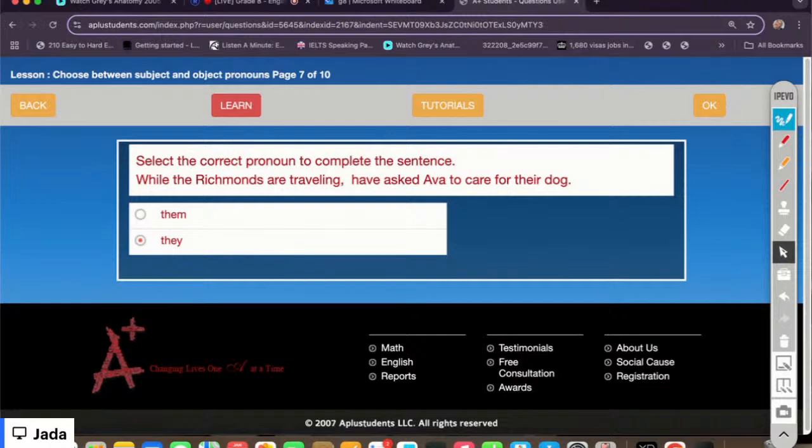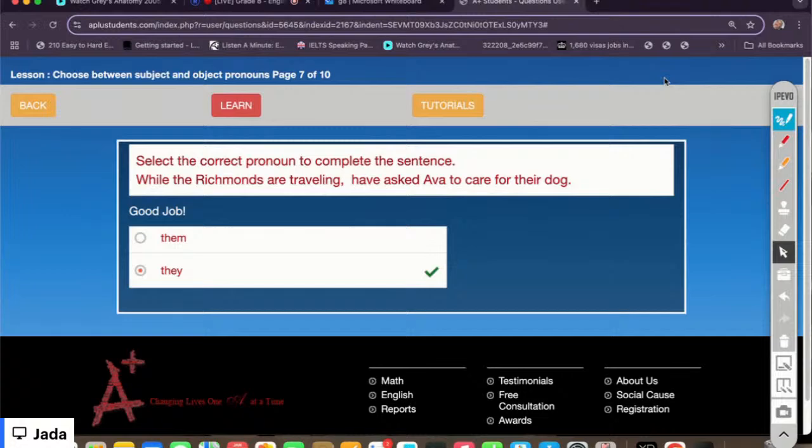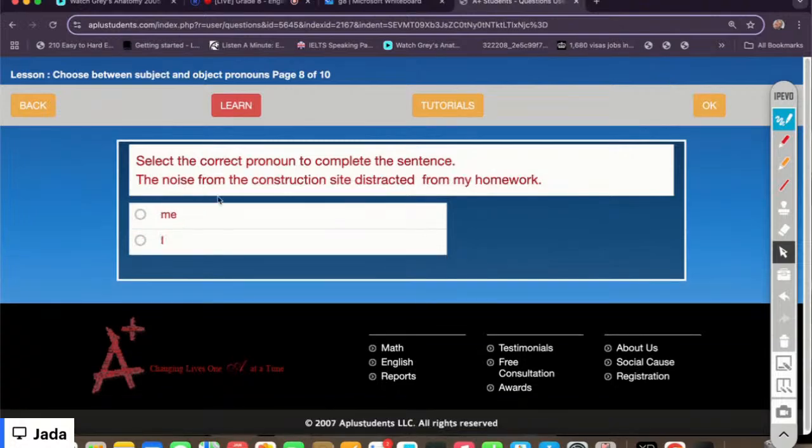They. The noise from the construction site distracted dash from my homework.